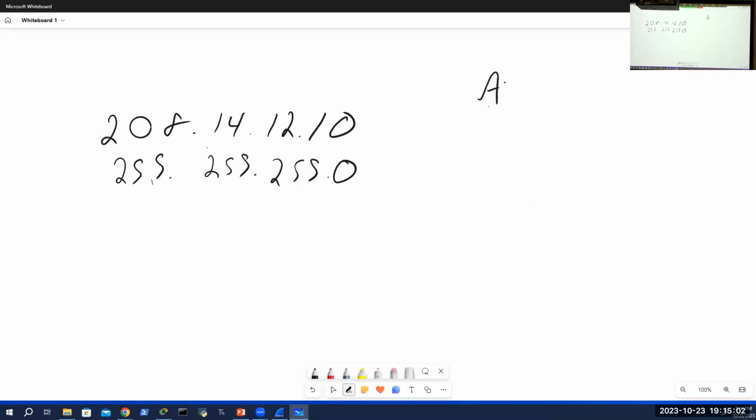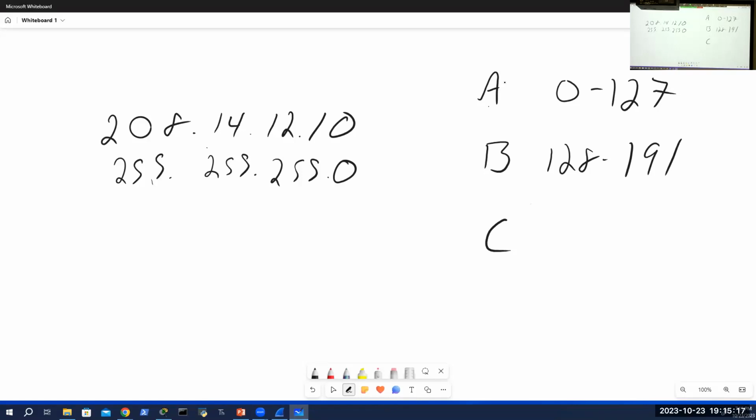A is 0 through 127. B is 128 to 191. C is 192 to 223. Okay, so this is the first thing that you're going to have to know. First off, it's the first octet that determines that. And secondly, the range.